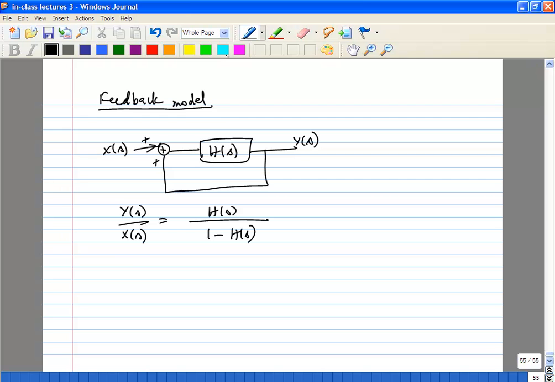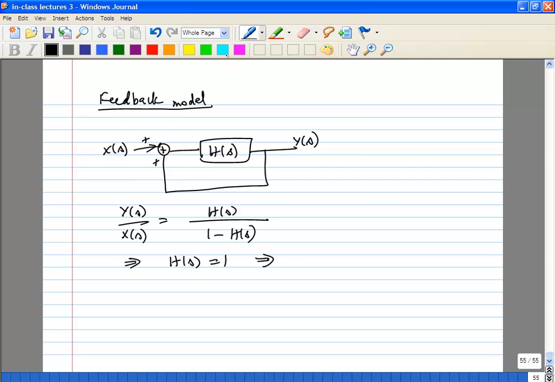So what do we know? If you have H of S equals 1, it implies that you can have a Y of S with no X of S input.